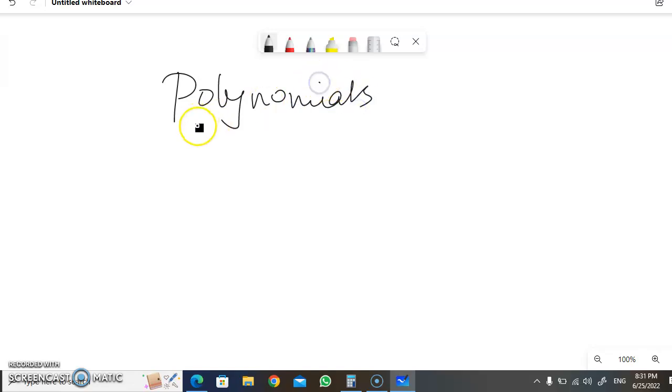So, let us freshly start with our second topic of grade 10 NCERT textbook, that is chapter 2, polynomials. We have already studied polynomials in grade 9. What are polynomials? Polynomials are expressions in such a way that the variable does not have any negative power.